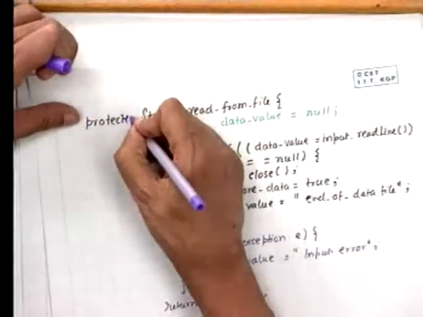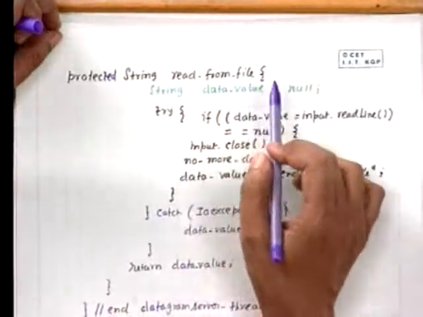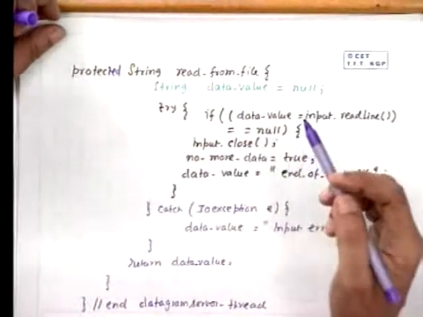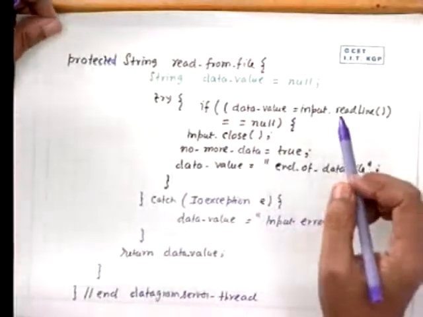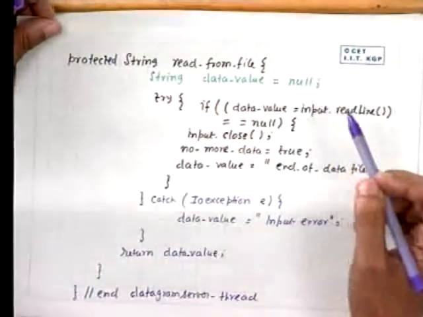Then let's look at the protected readFromFile method. What this method is supposed to do is read the data value.